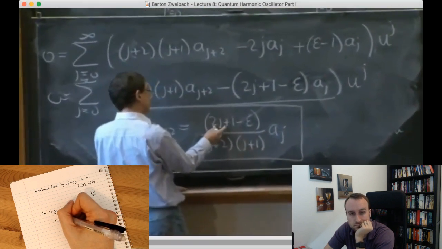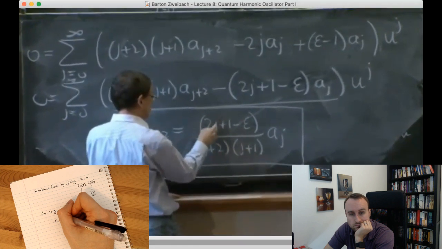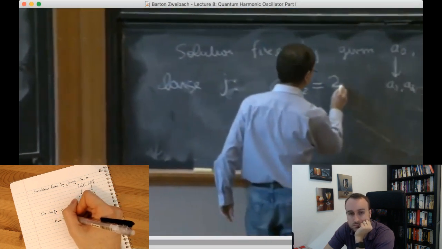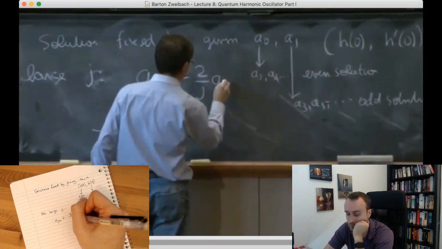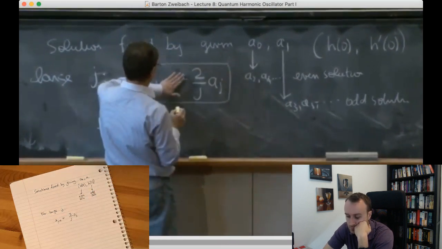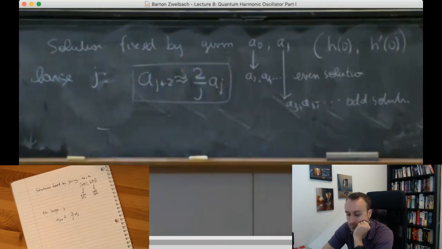The most important here is the 2J here, the J and the J, so you get 2 over J times A_J. So roughly for large J, it behaves like that.